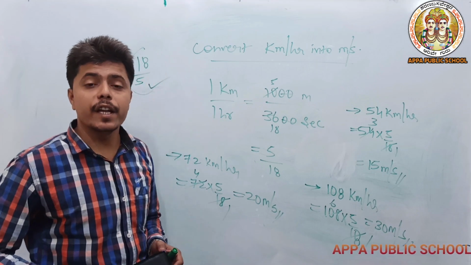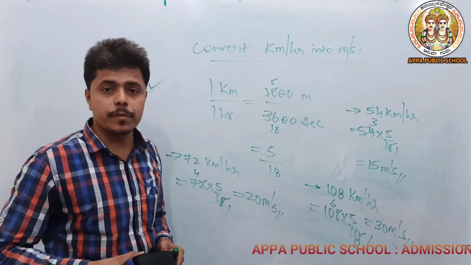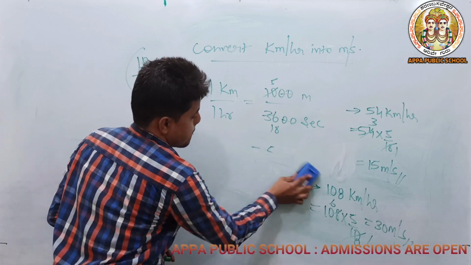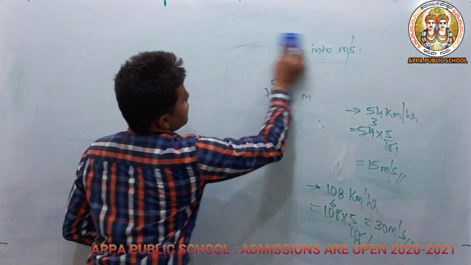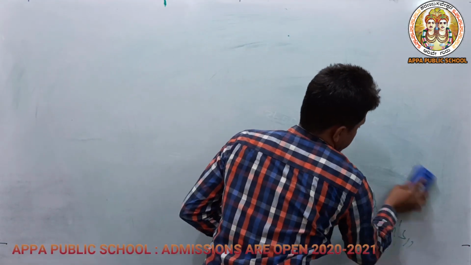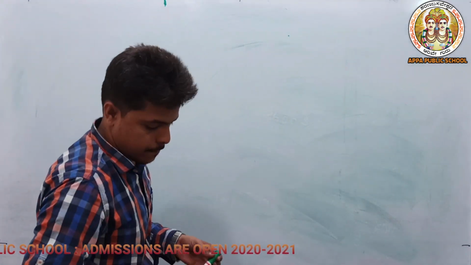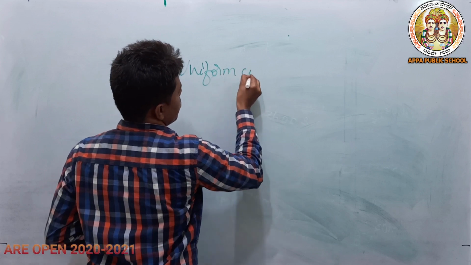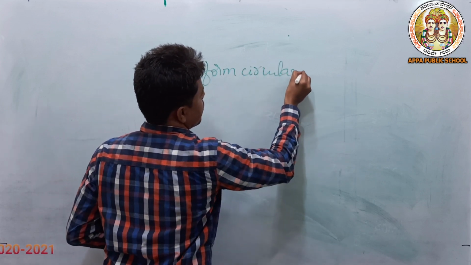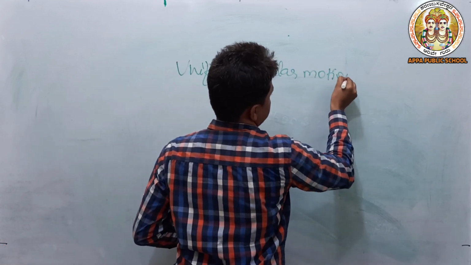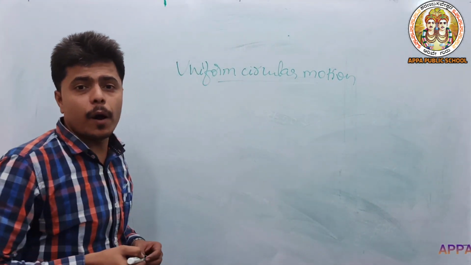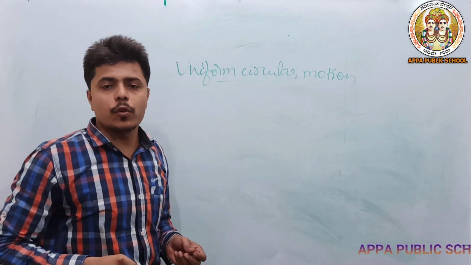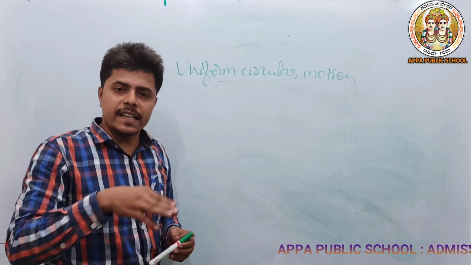Now we'll go with uniform circular motion, the last bit of this chapter. Circular motion means the body is moving in a circular path.